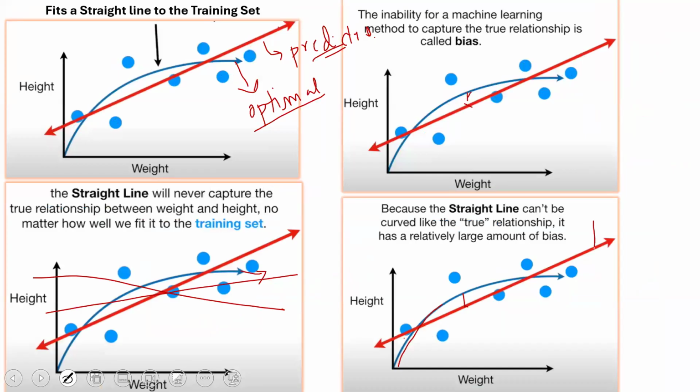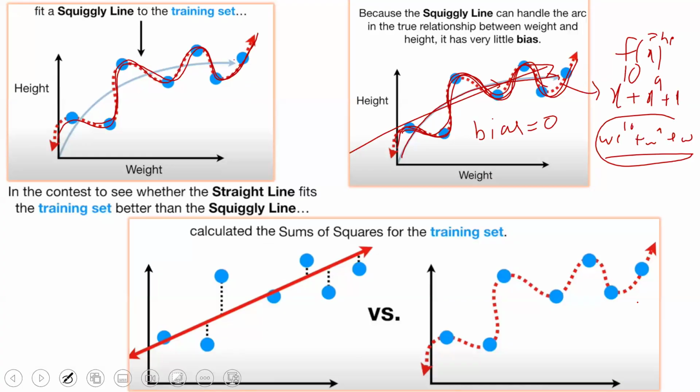This has higher bias when compared to this. Let's suppose the bias for this is 100, and the bias for this is 50. And now if you take this particular curve, the bias for this is 0. Bias is nothing but the quantity that specifies how much the algorithm has captured the relation between the input and the output. So that is what bias means.